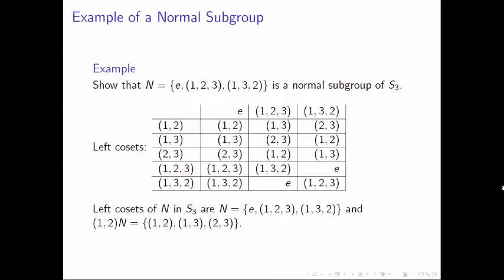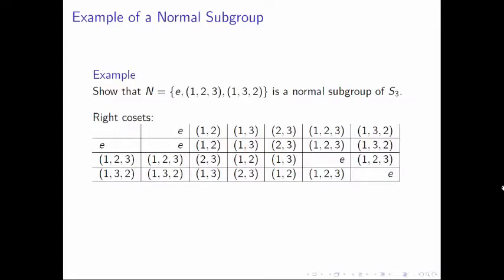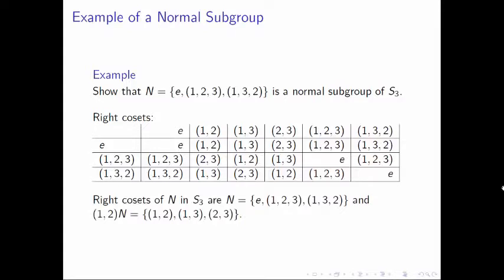I'm denoting it by (1 2)N. That's this set of transpositions, (1 2), (1 3), and (2 3), as a left coset. If we change our point of view and say, let's now compute the right cosets, so let's list the elements of the subgroup as the rows in our Cayley table and use all group elements as the columns, we can compute the cosets this way as well, and we get the same collection of elements.